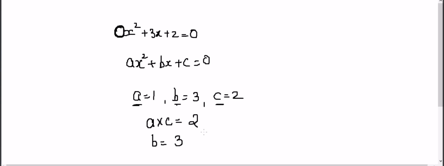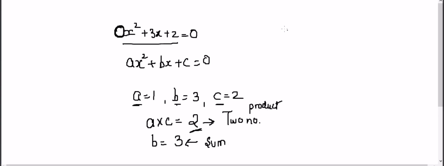That means we have to find two numbers whose product should be 2. And the same two numbers, if we add them, will give you 3. So this should be the product and this should be the sum.